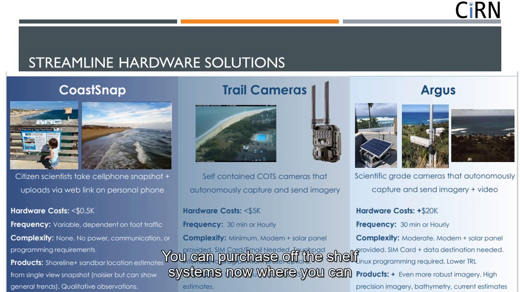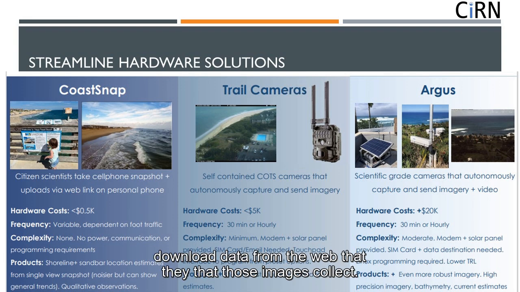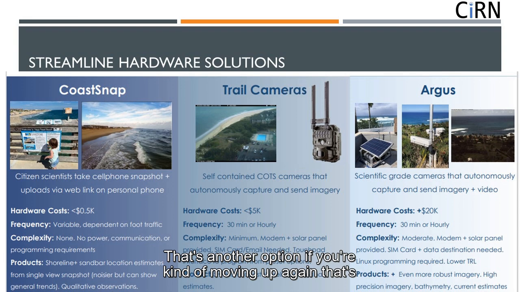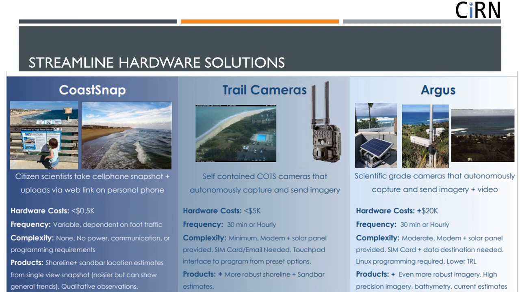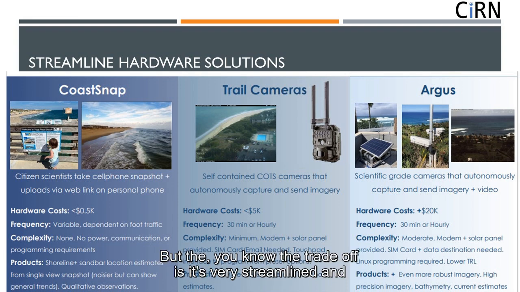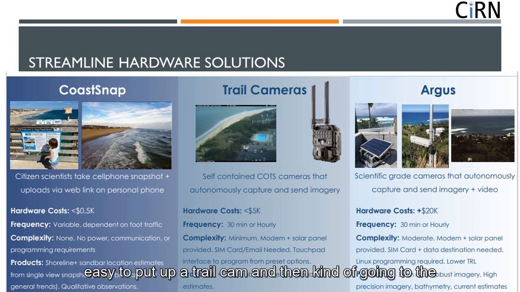You can purchase off-the-shelf systems now where you can download data from the web that those images collect. That's another option if you're kind of moving up. Again, that's going to come with the trade-off of probably lower quality lenses and sensors, but the trade-off is it's very streamlined and easy to put up a trail cam.